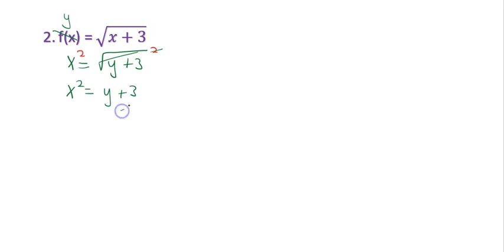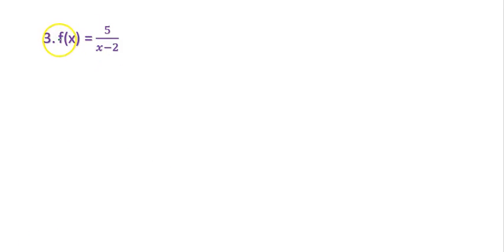Then I'm going to subtract the 3. So that y is going to equal x squared minus 3. And again, since this problem was in function notation to begin with, I'm going to end it in function notation. What I have found is the inverse, so I'm going to replace the y with f inverse. And here is the inverse equation.